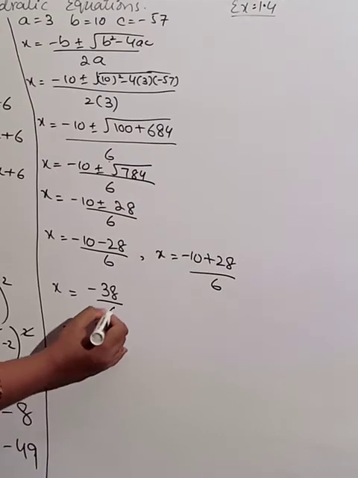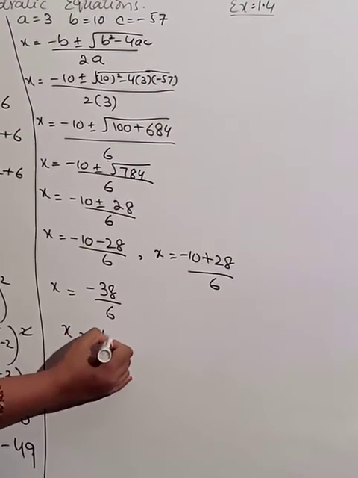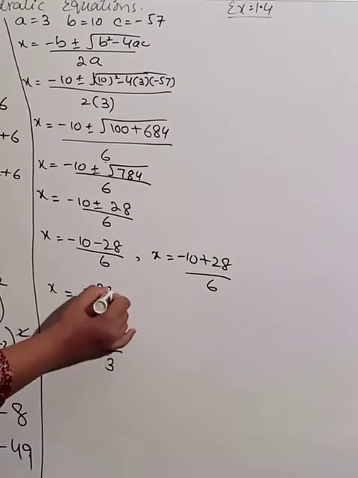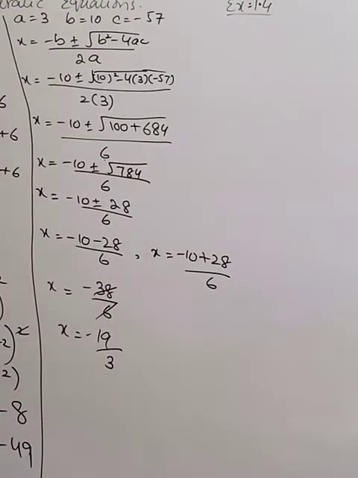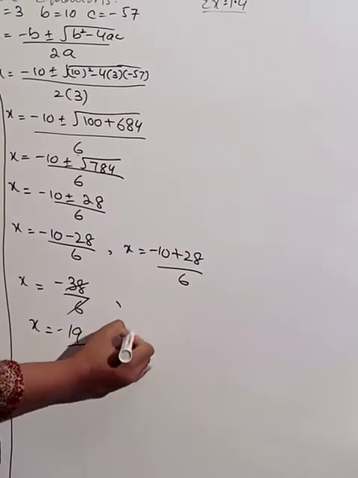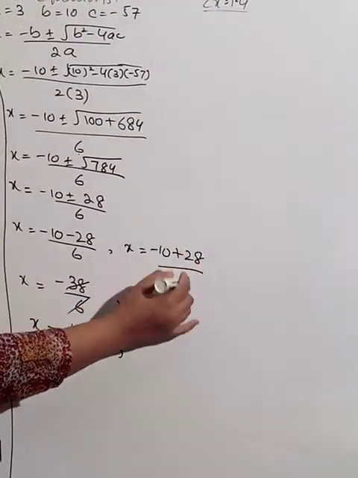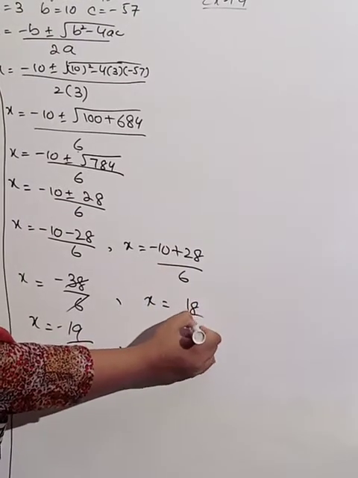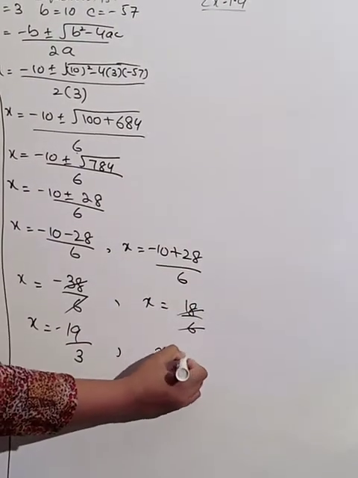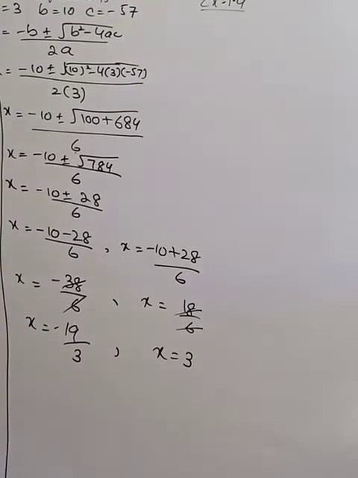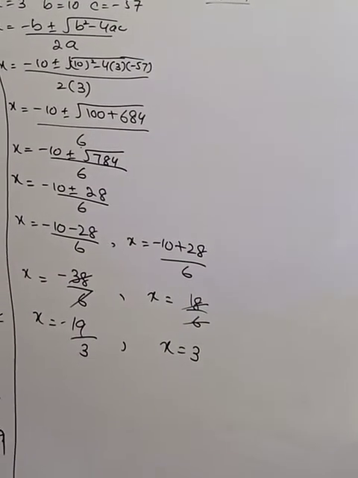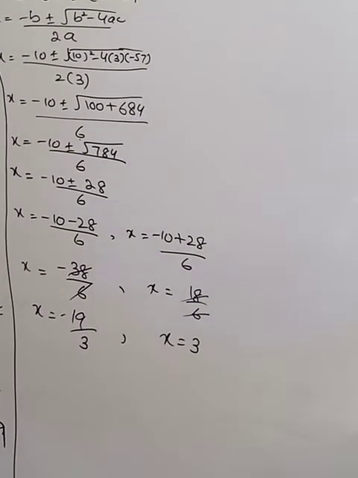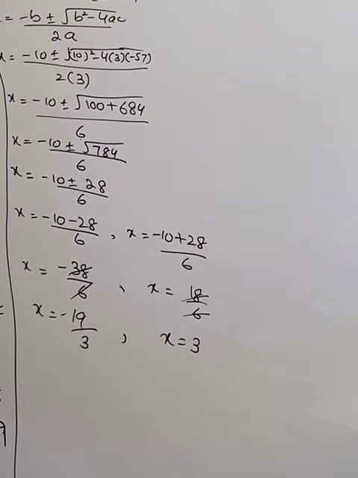Do the cancellation. It's 2 19s and 2 3s. Cancel, so we have this situation. The second root is 28 minus 10, that is 18 by 6. Cancellation, so we are left with x is equal to 3. The two possible answers are x is equal to minus 19 by 3 and x is equal to 3.